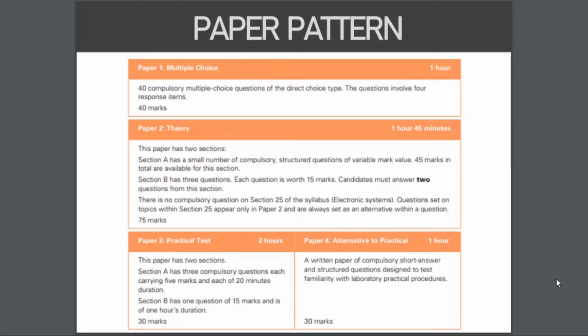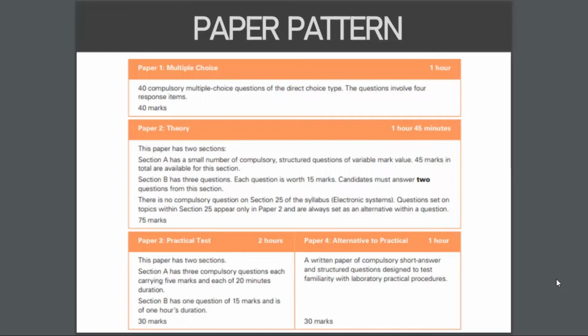Then we have the 2 papers, which would be either paper 3 or paper 4 that you will be appearing in. Paper 3 is the practical test, in which you'll have to perform experiments, and the questions would be asked according to those experiments. It's of 30 marks, and you'll have a total of 2 hours. However, paper 4 is the alternative to practical exam, and it will be of 1 hour only, again of 30 marks.